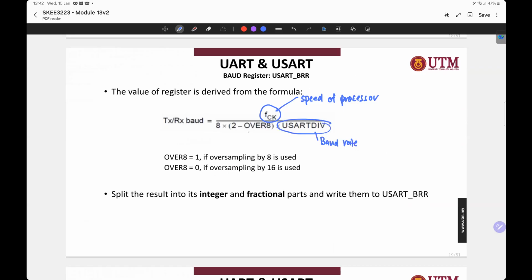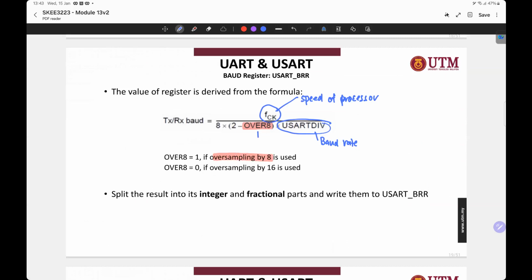And the over 8 here will be determined by whether you're going to use oversampling by 8 or oversampling by 16. If you use oversampling by 8, the over 8 here you need to replace with 1.